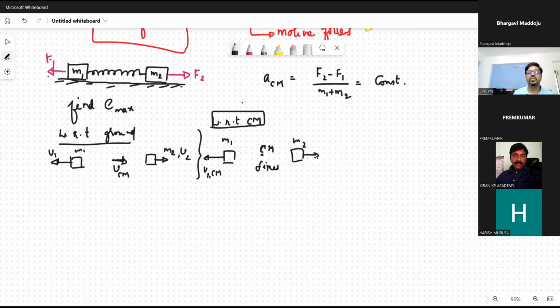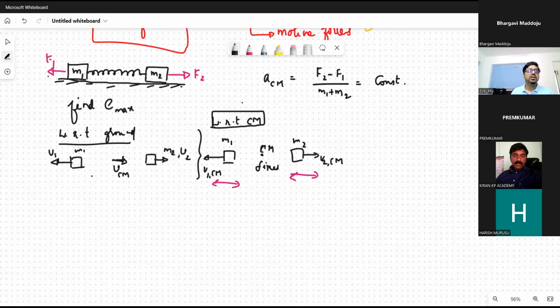Velocity of M2 would be V2 cm. They go back and forth. They'll oscillate like this. Each block would be oscillating back and forth. Both of them undergo simple harmonic motion. So center of mass is stationary and they are going back and forth, simple harmonically. That way motion became easy.